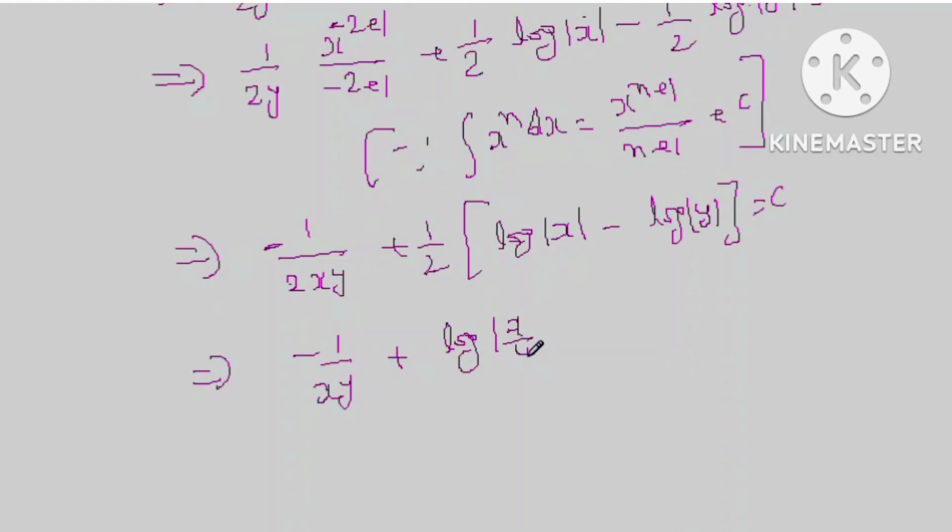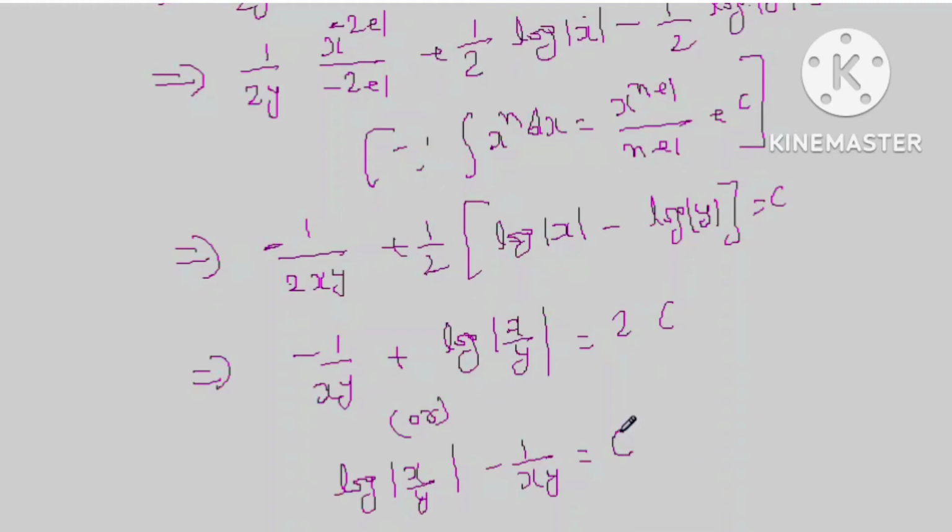So log modulus x by y is equal to 2c, or you can simply write it, writing the positive term first, log modulus x by y minus 1 by xy is equal to c. Instead of 2c you can write c, because anyway both are constants, and this is the required solution.